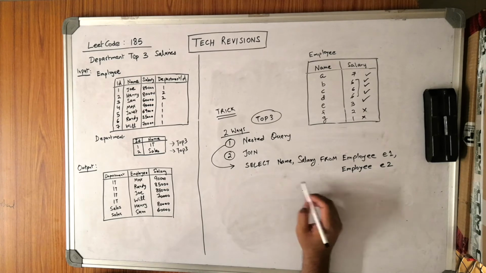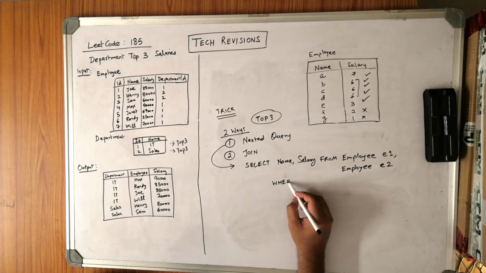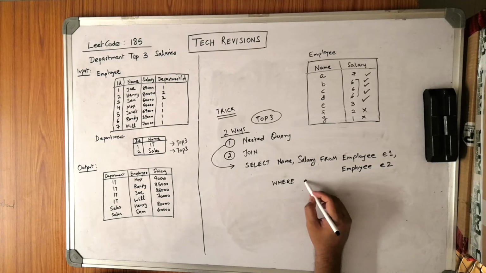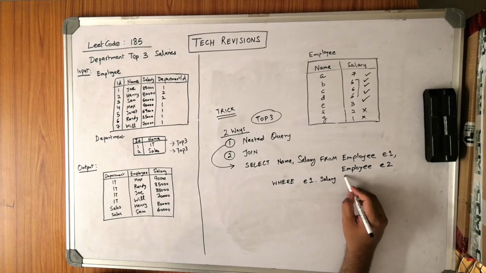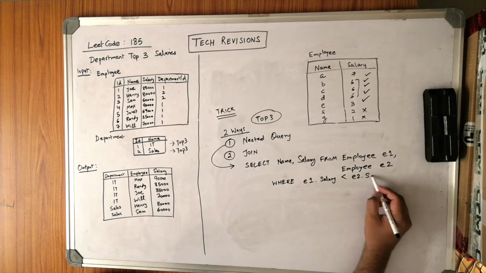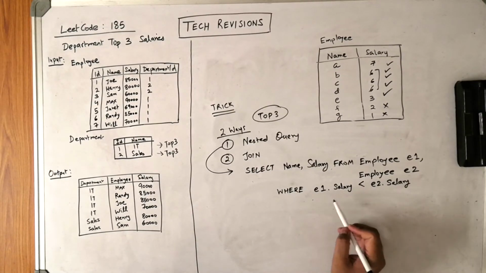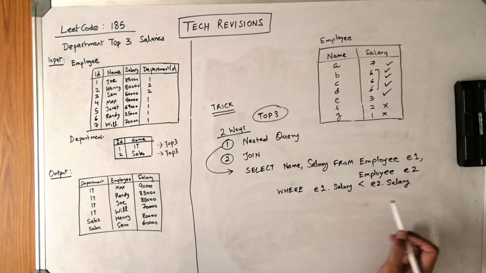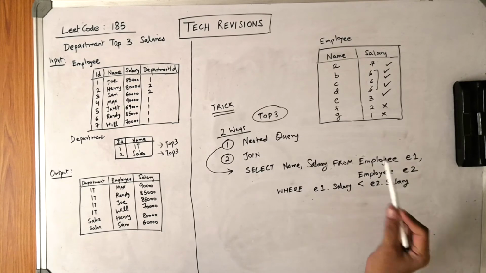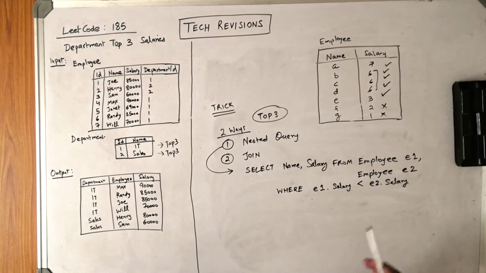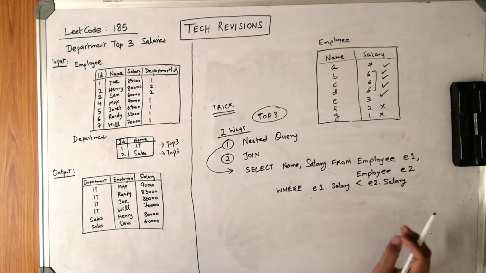And what I'm going to do is put where E1.salary is less than E2.salary. So remember, E1 and E2 are getting a cross product. Basically this table is getting joined with its own self, and I'm looking at only those rows where E1.salary is less than E2.salary, right?